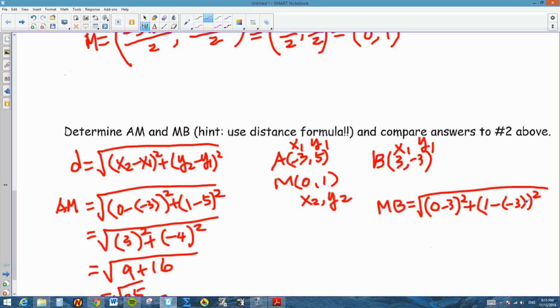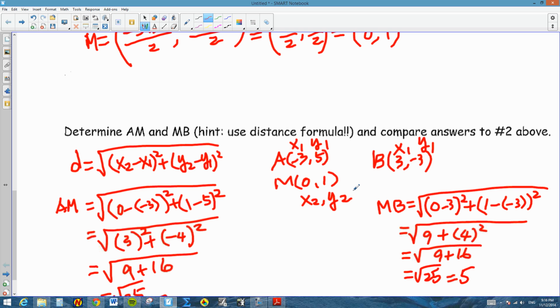Remember, everything inside the parenthesis must be simplified first. So -3 squared is 9, plus 1 minus -3 is 1 plus 3 is 4, squared. That gives you 9 plus 16, which is the square root of 25, giving you 5. So from here you can see that AN is equal to NB.